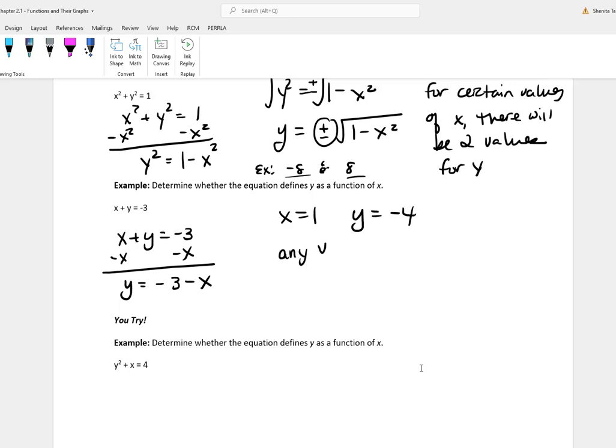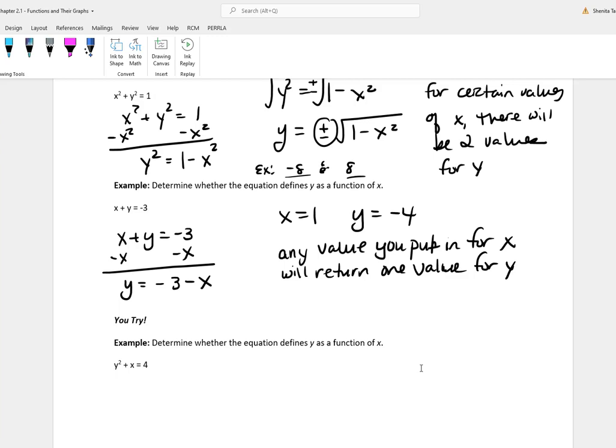So any value you put in for x will return one value for y. So this will be a function.